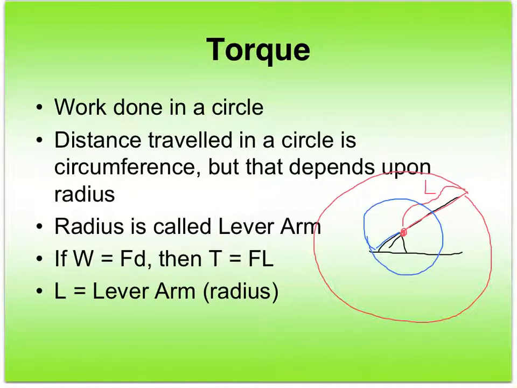Now I have a wheel and axle. My lever has become a wheel and axle, and this is a smaller lever arm. So instead of looking at the circumference and how far I've gone, I'm looking at the ratio of these two lever arms. But for torque in general, I'm just looking at the lever arm itself. So if work was force times distance, then torque is force times lever arm, where this lever arm is your distance.